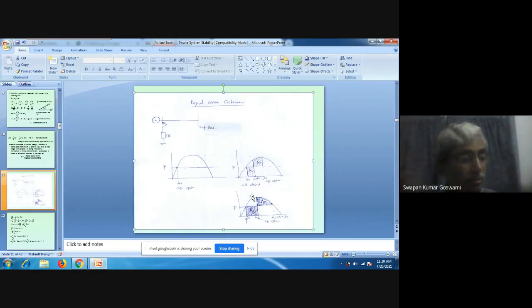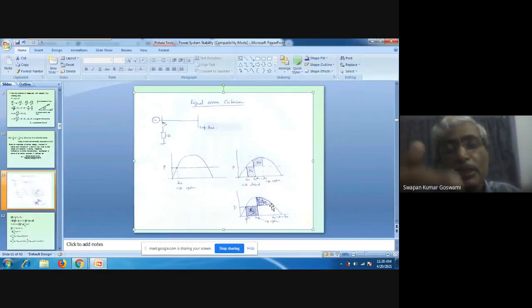So this is from graphical representation. From this plot we have explained. Next day I shall develop the same with the help of some mathematical analysis. So we shall develop the mathematical relation in our next class.